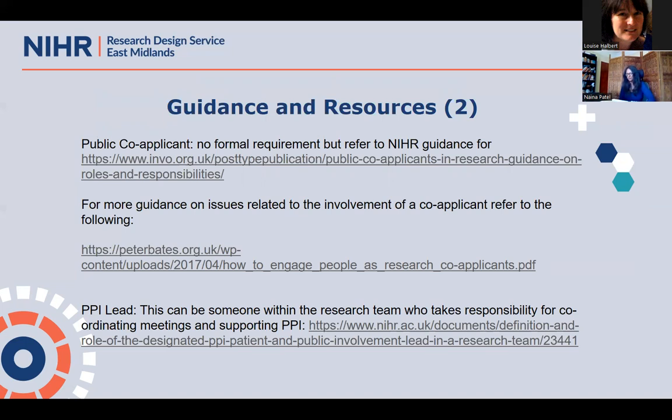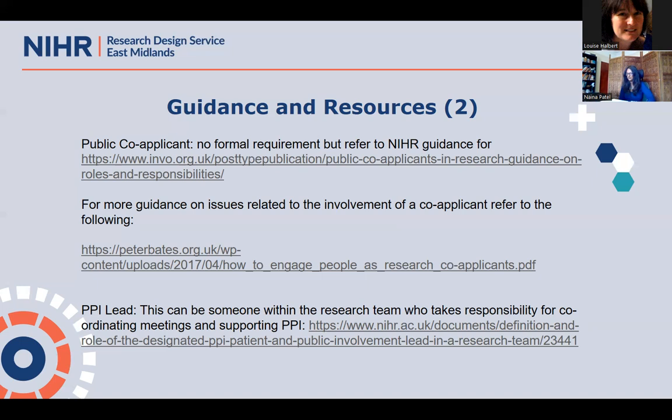So, for example, public co-applicants attend meetings to shape and inform the direction of the research, oversee its progress, contribute to its delivery, represent it to external agencies, and disseminate its findings. They can act as a liaison between a PPI advisory group and the research team.